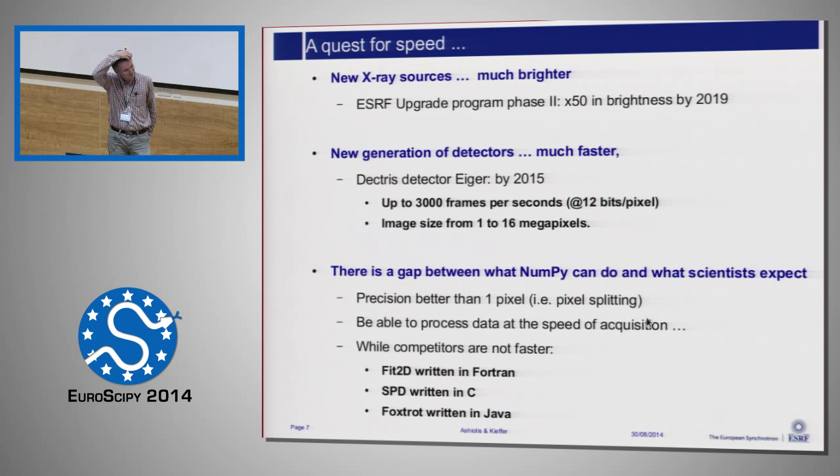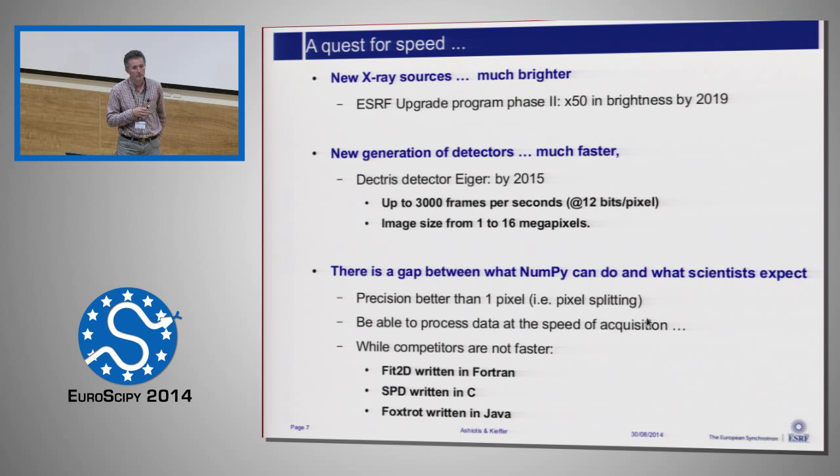It's a problem of speed because right now ESRF and many other light sources around the world are going through a major upgrade program, and at ESRF we are expecting a factor 50 increase in brightness, and our programs will have to follow. That's one problem.